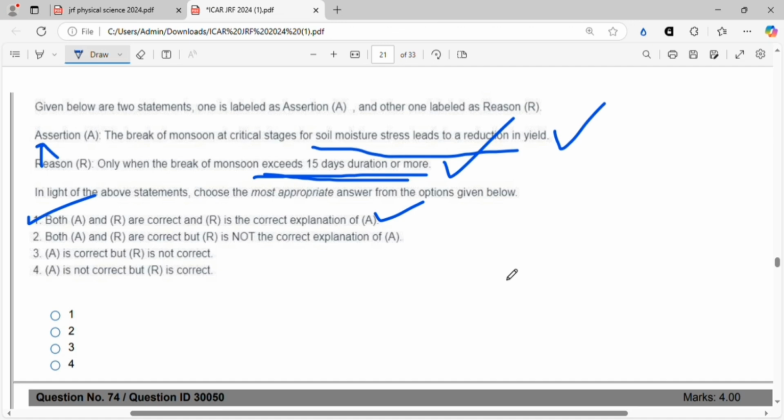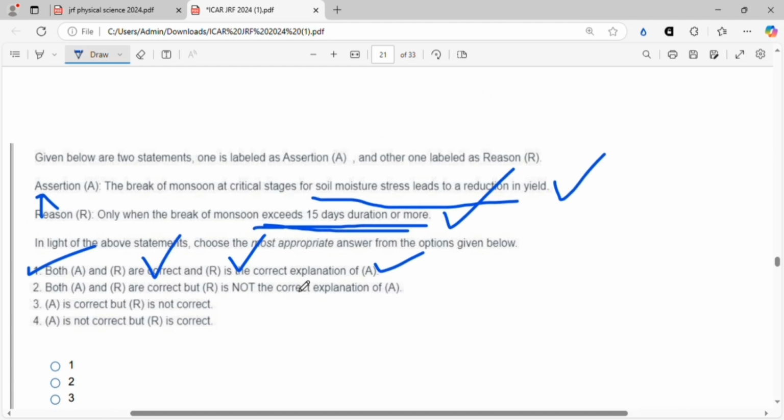So until 15 days it can maintain the plant yield and plant health. But if that break of monsoon extends beyond 15 days, then the soil water storage gets exhausted, and soil cannot provide or refresh the availability of water to the plants. All right. So option 1 will be the correct option, where both A and R are correct, and R is the correct explanation of A.